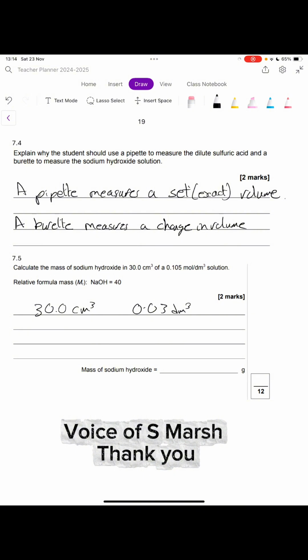And then we need to use the idea that molarity equals moles per volume.